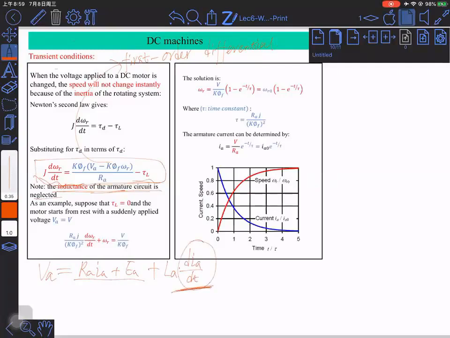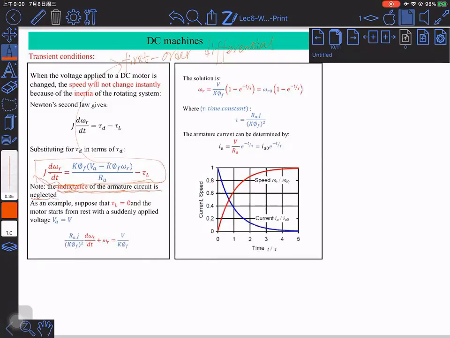So if we consider the inductance of the armature circuit together with the rate of change of the speed, it is going to be a second order differential equation, and more difficult to solve. So to simplify our analysis and make it easier to solve, we first ignore the armature inductance, which is reasonable, because in many cases the armature inductance is not very large, and even if you analyze its dynamics, you can rely on some computer software.